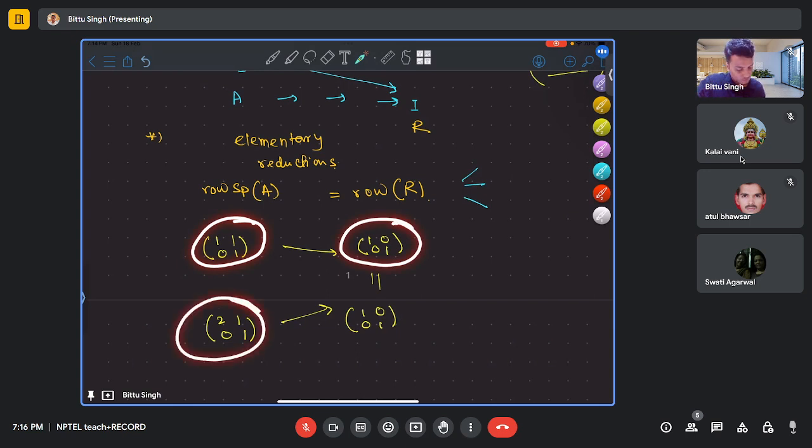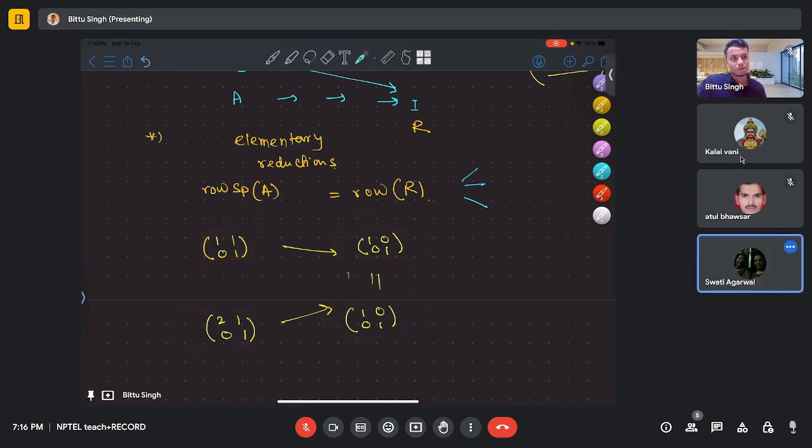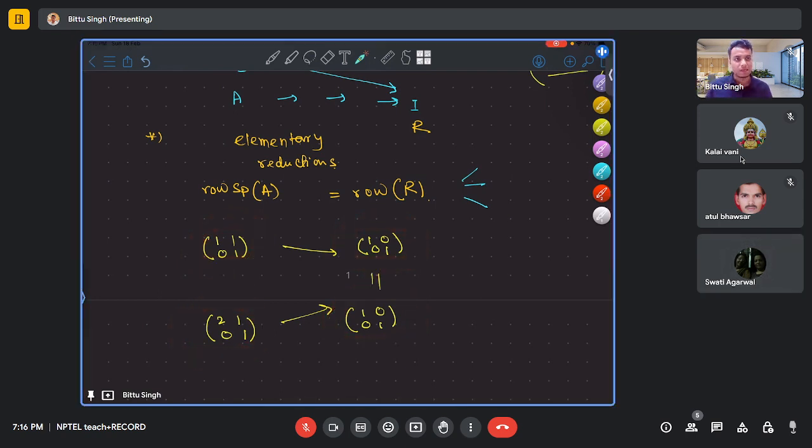Similarly, the row space of this matrix is the same as the row space of the identity matrix. Therefore, those are the same. If you perform any elementary reduction, it will give the same row space. Row space is not changing.